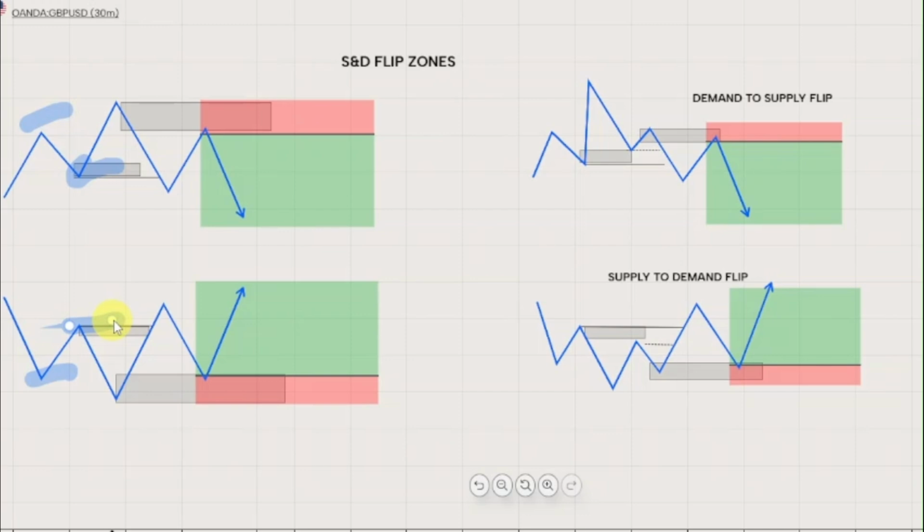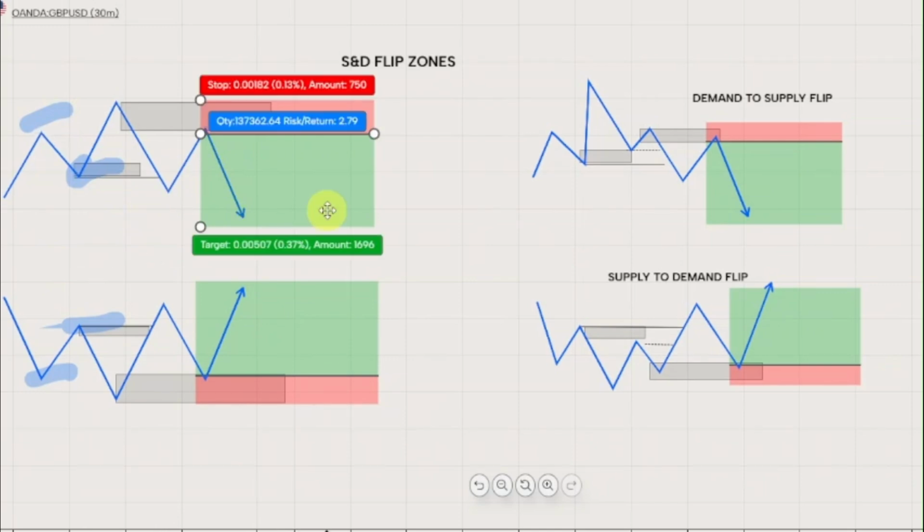That is, there is going to be a market structure shift anytime there's a change of character. So price is dropping, it changes character, and we're expecting price to come to the normal demand zone and buy to the upside. You can see price comes there and buys to the upside. So this is what we're expecting a normal supply and demand zone to act like.